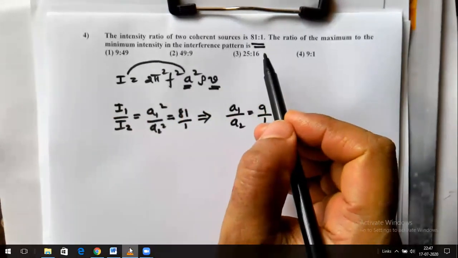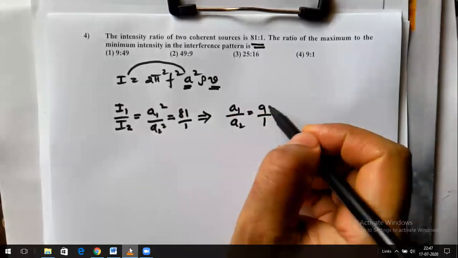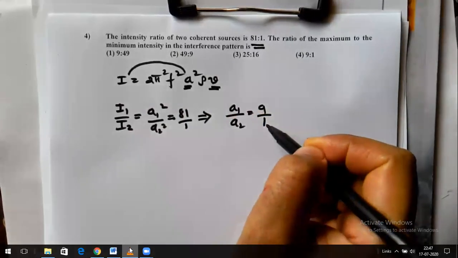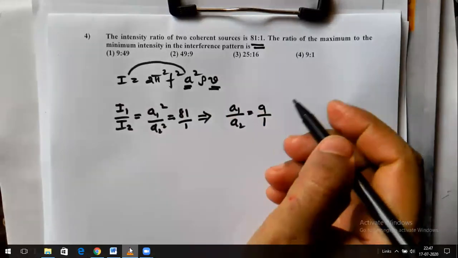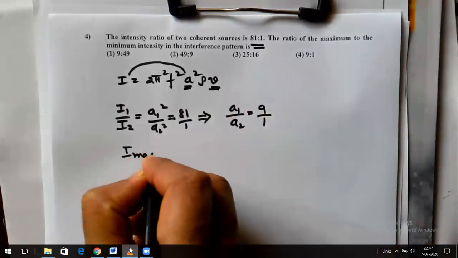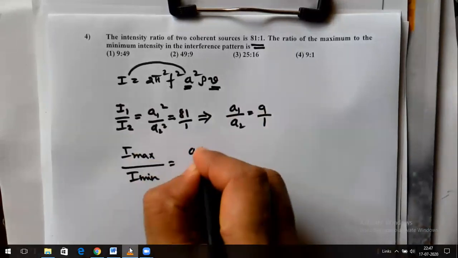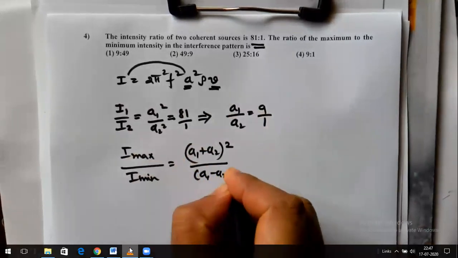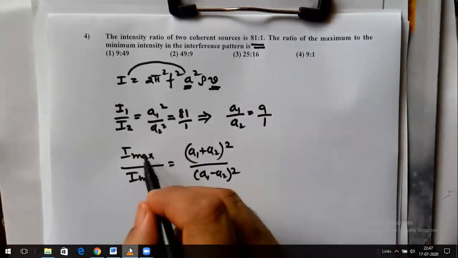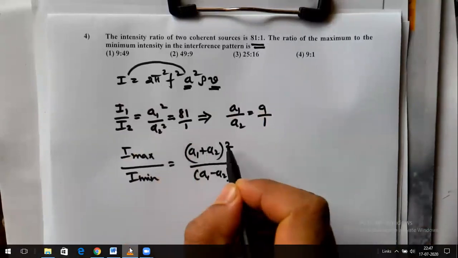You know that in the interference pattern, maximum intensity is at the position where amplitudes add up, and minimum intensity is at the positions where amplitudes get subtracted. So the maximum intensity to the minimum intensity ratio must be equal to (A1 plus A2) whole square divided by (A1 minus A2) whole square, because at the maximum intensity position amplitudes add up, but intensity is directly proportional to the square of the amplitude.